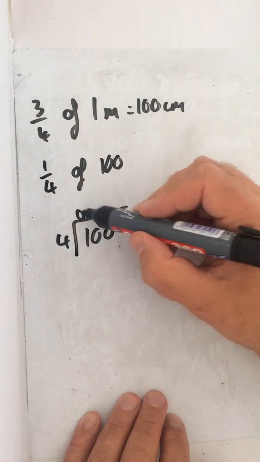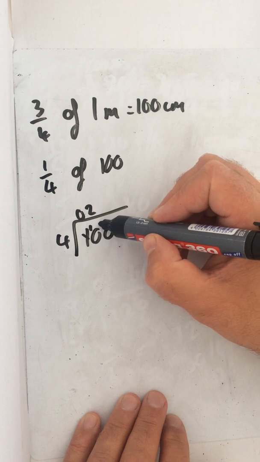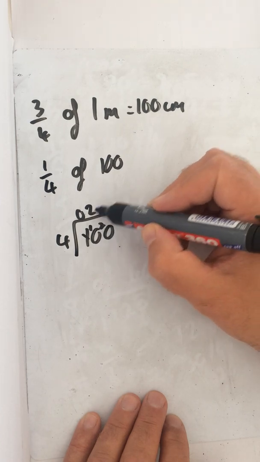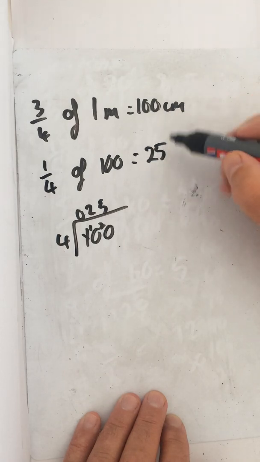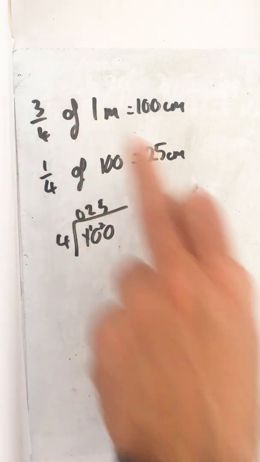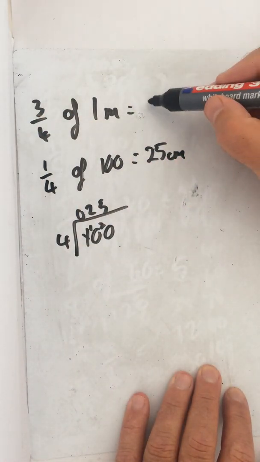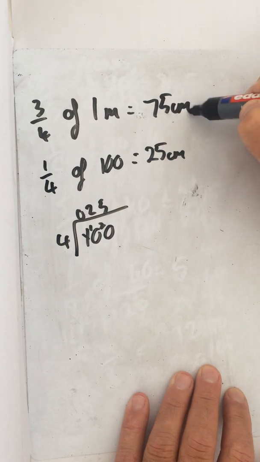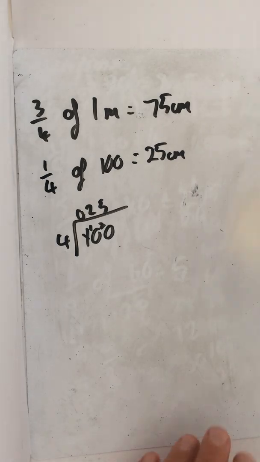How many 4s are in 25? So it'll be 25 centimeters. 25 times 3, 75 centimeters.